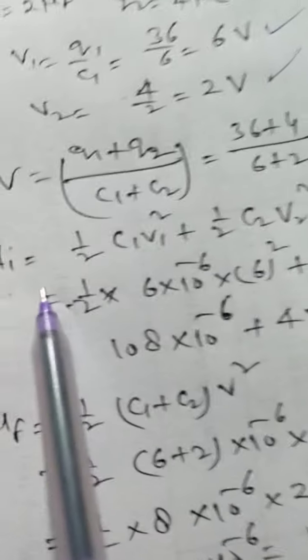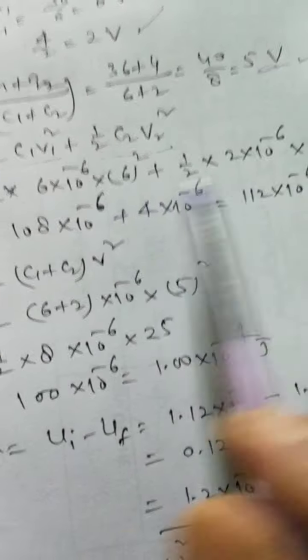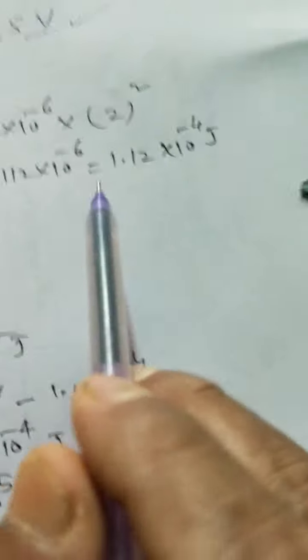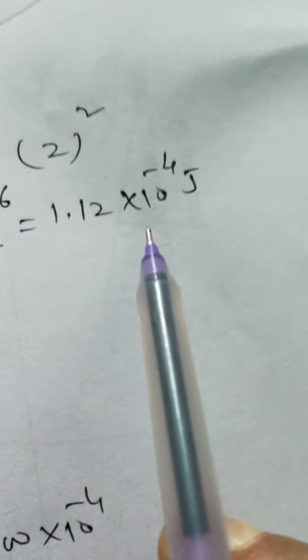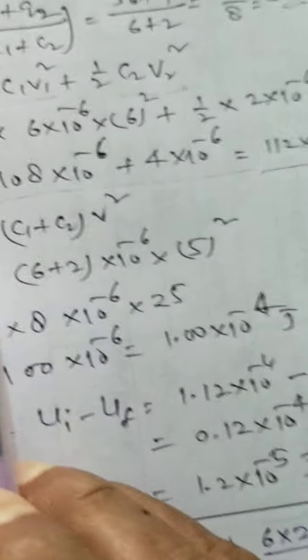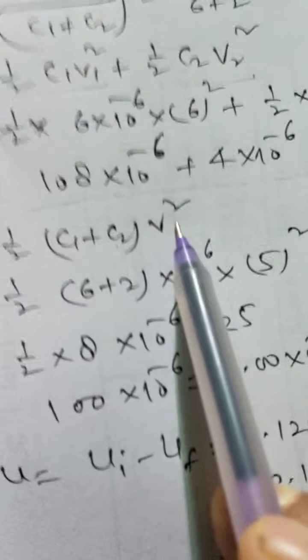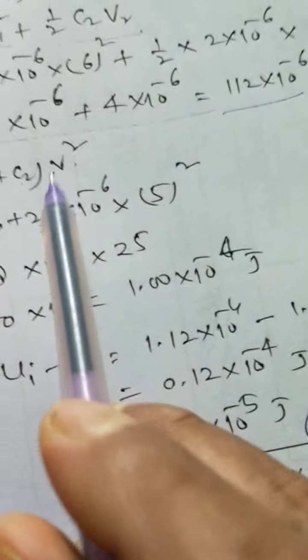Energy before sharing: half C1V1 square plus half C2V2 square. C1 we know, V1, everything we know. I have calculated this value, it comes out 112 into 10 to the power minus 6, or 1.12 into 10 to the power minus 4. Third part, final energy: half (C1 plus C2) V square. C1 plus C2 given, V is common potential, 5 volt. 5 square is 25.